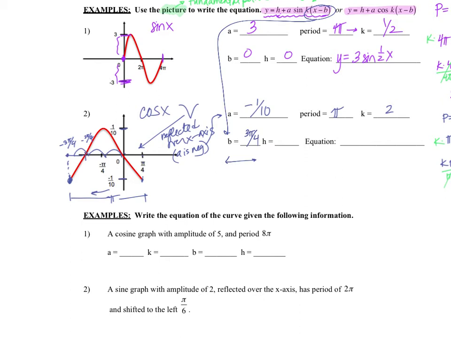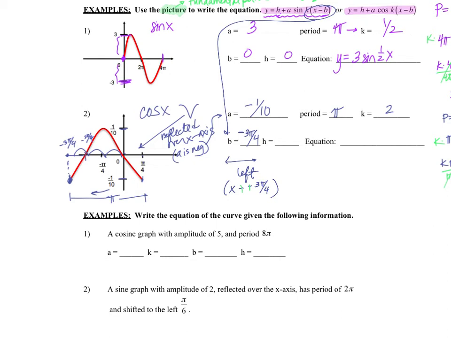We know that that's opposite. So if I know that this is going to the left, this is going to be a positive inside here. It's going to say plus, but the actual B value is negative, right? Because it's going to be like x minus a negative 3 pi over 4, because that would make it a double sign change, and that would mean that it goes to the left. So it's a little confusing. It's sort of opposite of what we think.